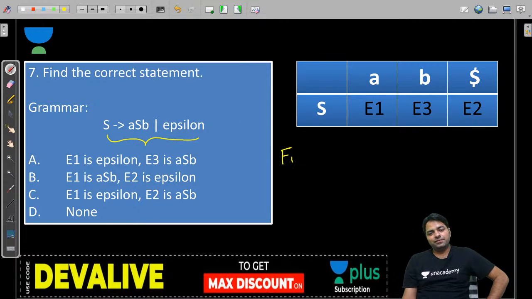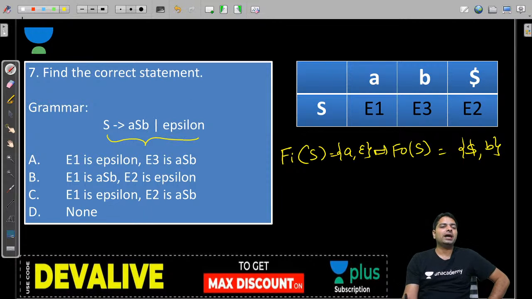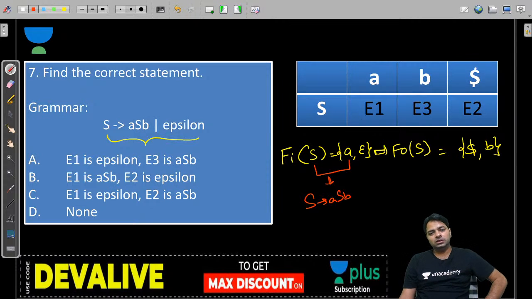First of S is equal to A comma epsilon, but because of this we have to compute follow of S, that is dollar, definitely B. So we have to look at it three times, this S comma A. The production is S derives ASB. So we get here ASB, and S comma dollar, S comma B. In both of the places we put S derives epsilon.